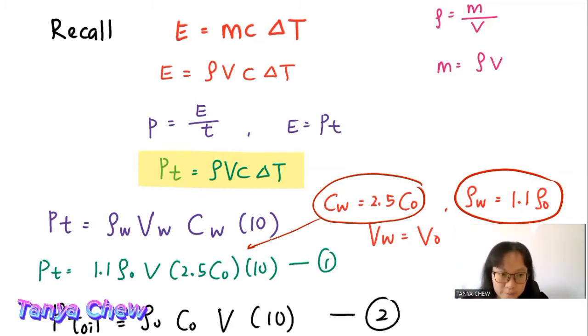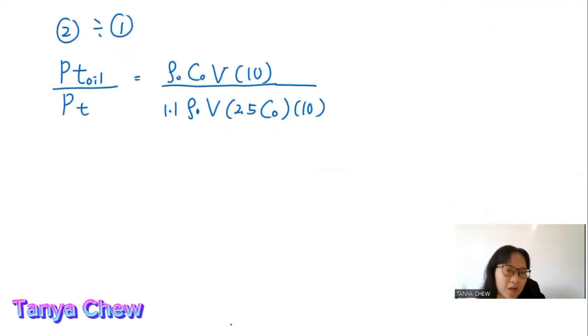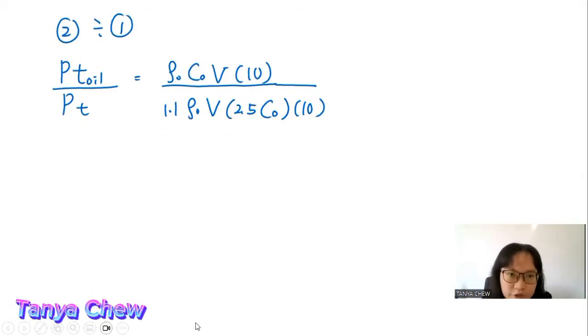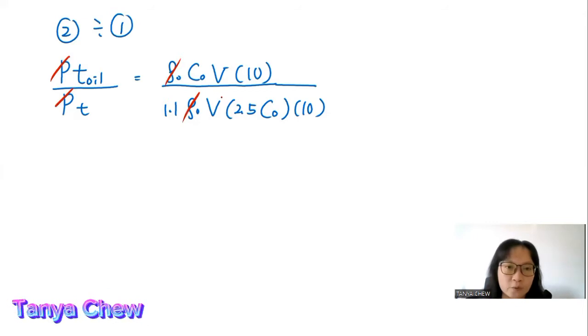And the second equation, P, which is the power of the heater times the time taken for the oil to be heated up. So density of the oil, specific heat capacity of the oil, and volume of the oil times the rise in temperature of the oil. So since I have two simultaneous equations, I can solve it. I use the second equation, divide the first equation, power and power, you can just cancel it off. Density of the oil, volume, volume, 10 and 10.